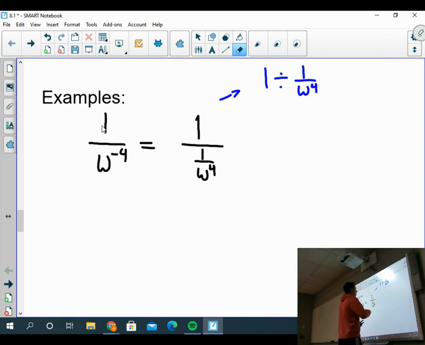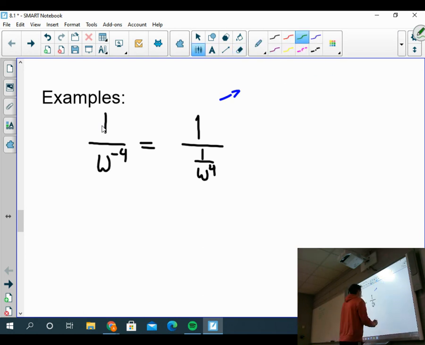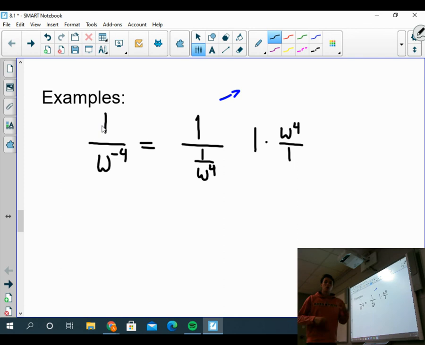Instead, we don't divide. We flip the second and multiply. That's our little phrase. What do I mean by that? I mean, instead of dividing fractions here, I'm going to multiply by the reciprocal of the denominator. When dividing fractions, don't ask why. Flip the second, flip the denominator, and multiply.